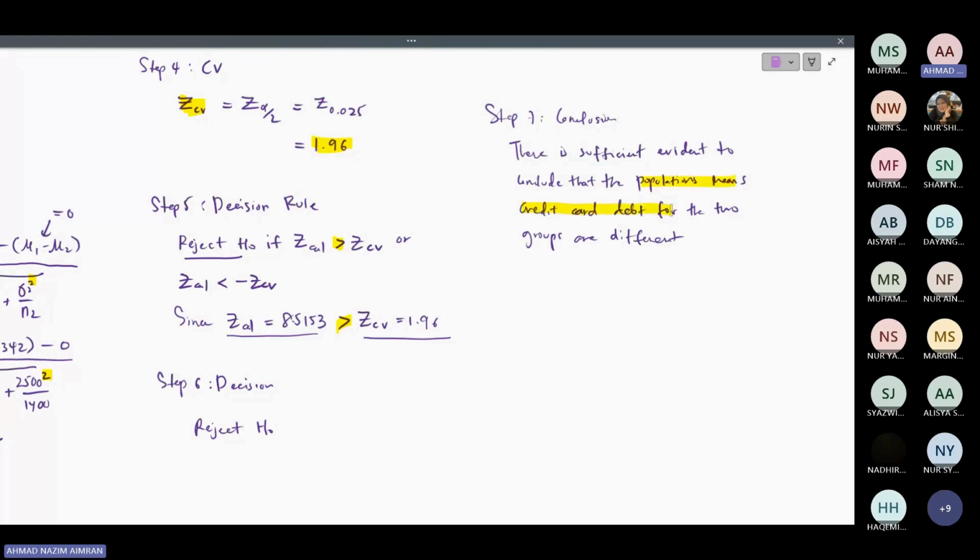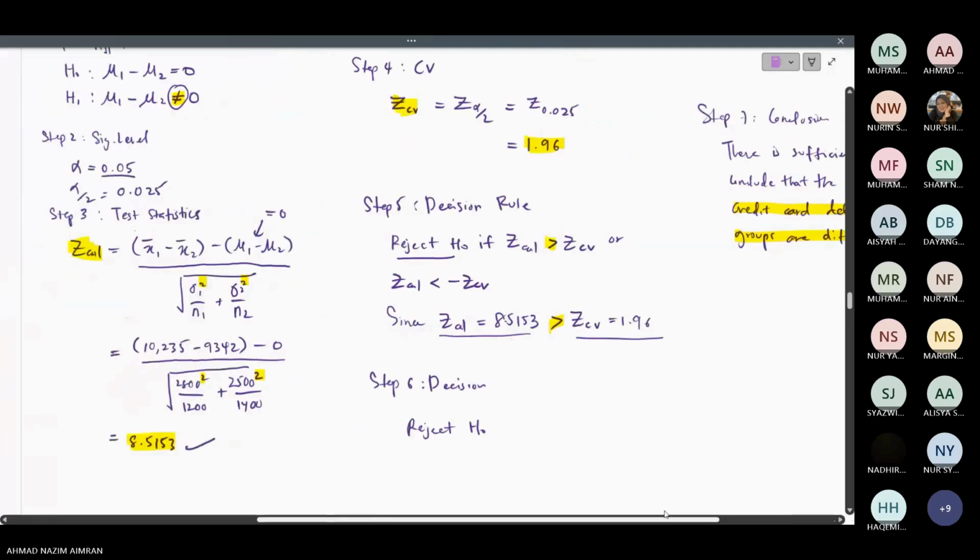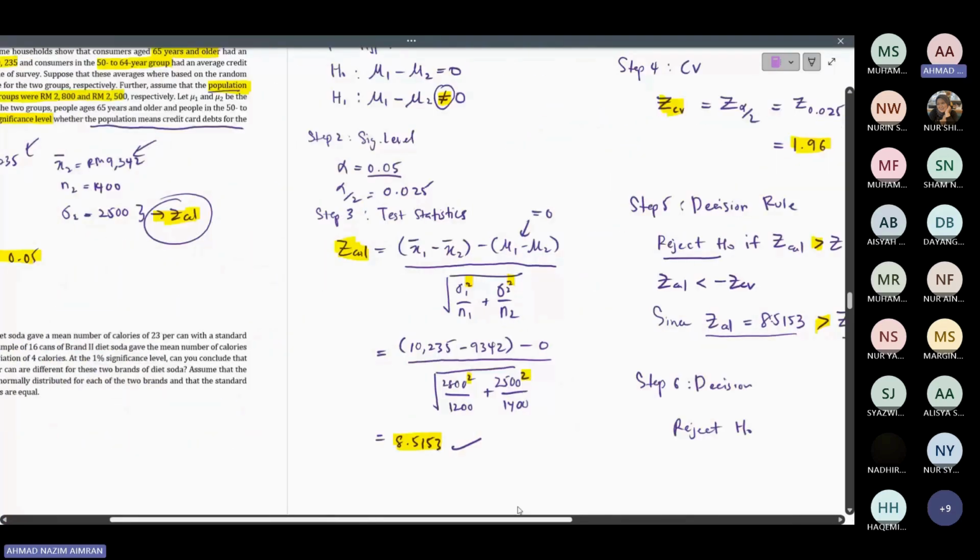This is from the question. Any question?